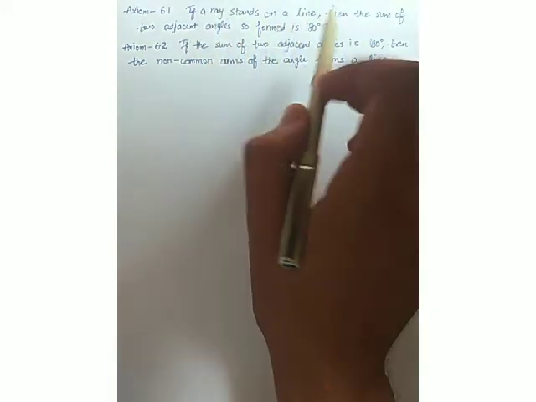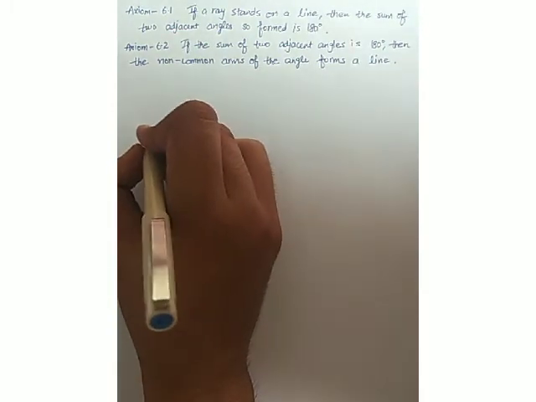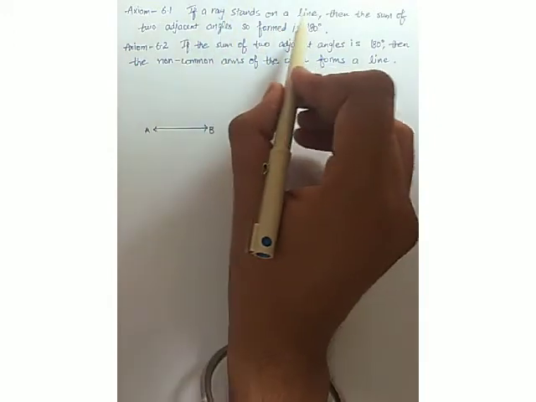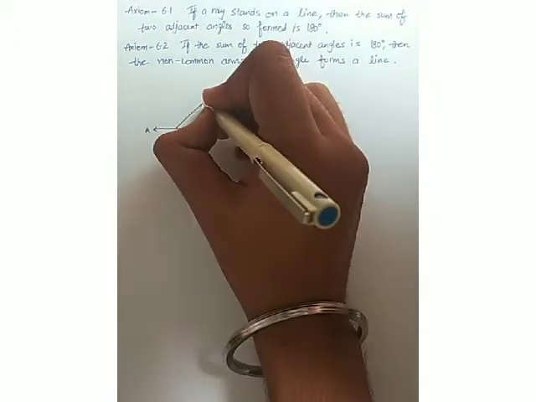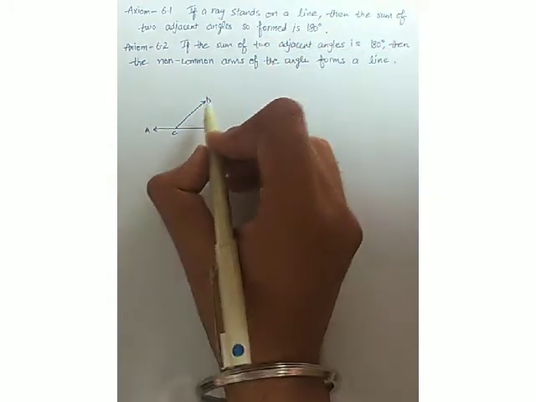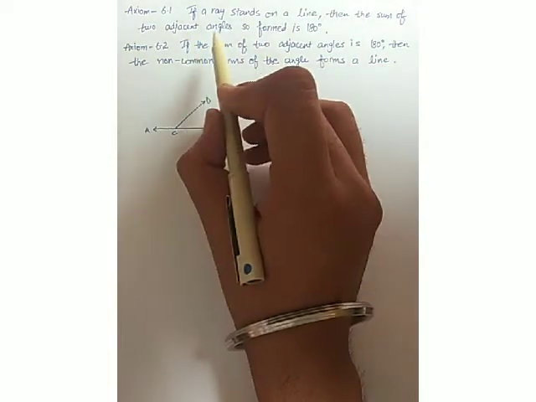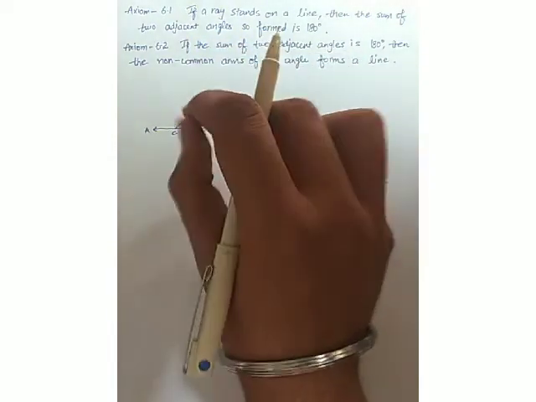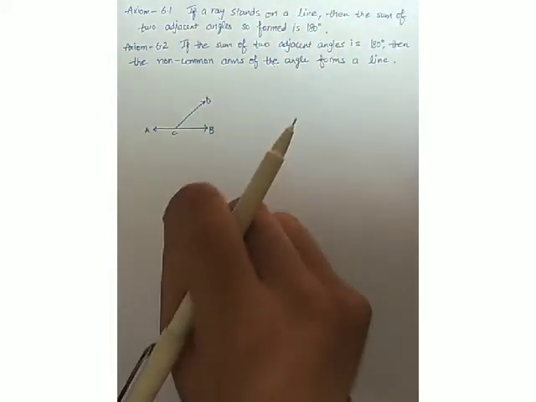Firstly, if a ray stands on a line, consider there is a line, name it as line AB. Now a ray stands on this line, and consider that the ray is CD. Now it's having only one endpoint, that's why it's known as a ray. Then the sum of two adjacent angles so formed. So formed means after projecting a ray on the line AB, we get two adjacent angles.